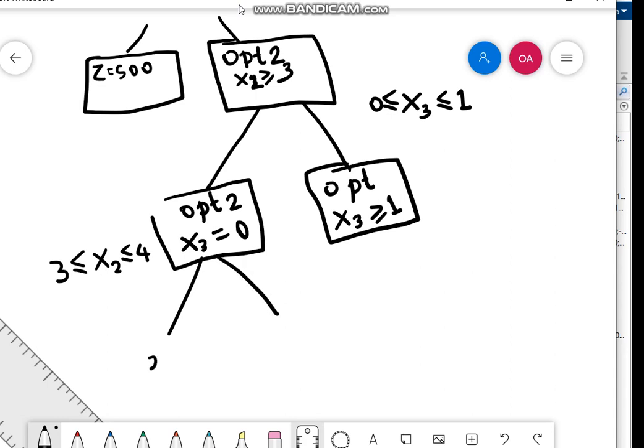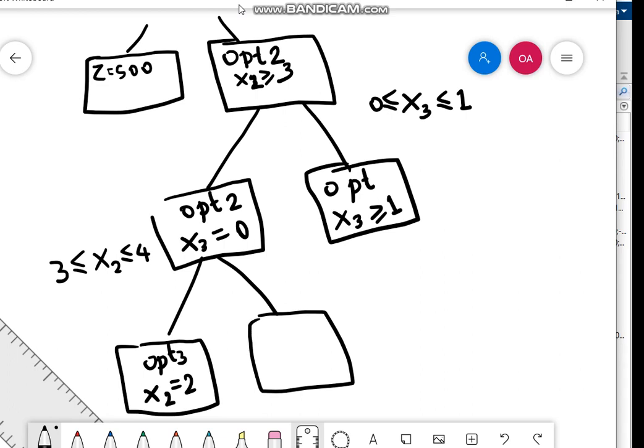So we have the third optimization problem, adding x2 less than or equal to 3 right now. The other one is the third optimization problem for x2 greater than or equal to 4. Let's solve it for this one.